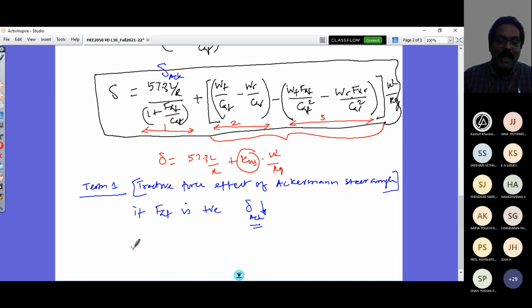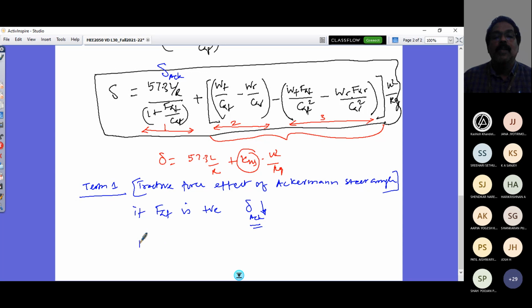Then if FXF is negative, when can FXF be negative? When it is braking force or steady state motion, where I have my rolling resistance force, which is always negative. If that comes, what would happen? This term is going to be smaller, and that would bring in more steering angle.